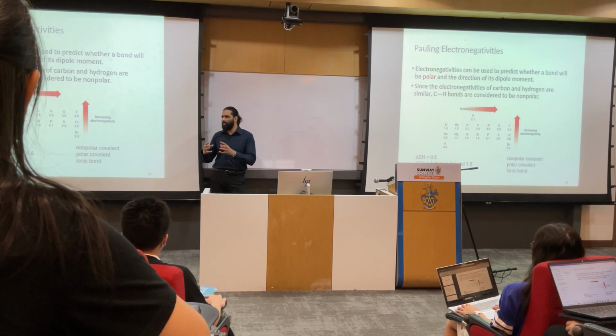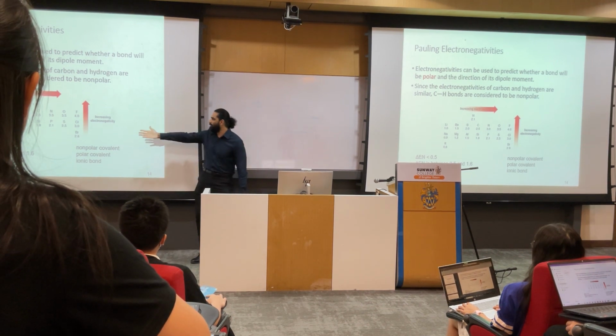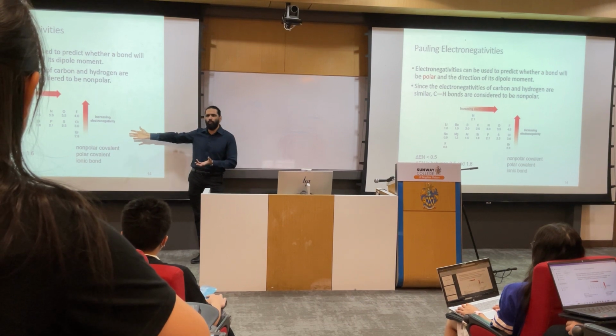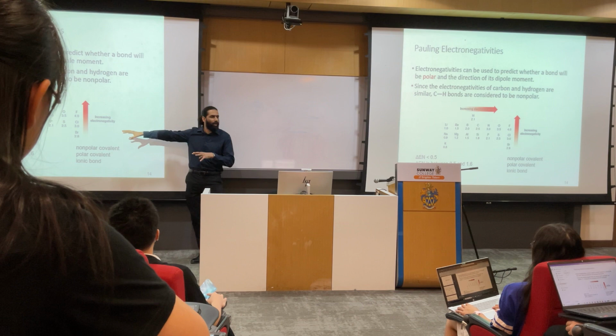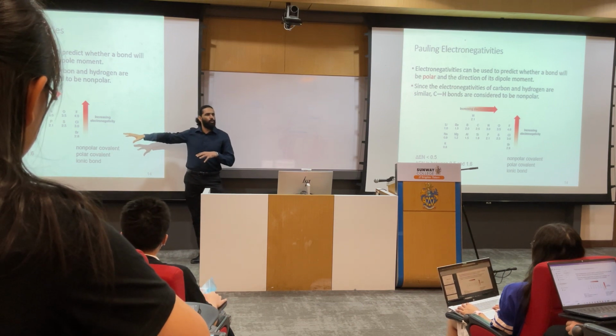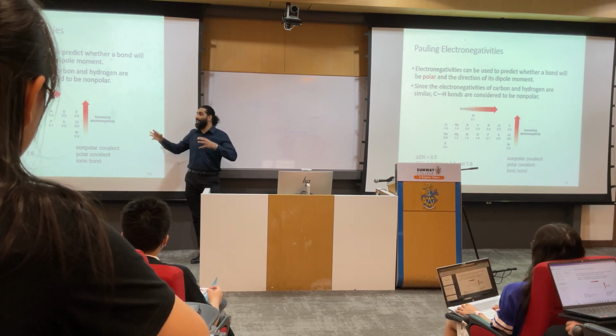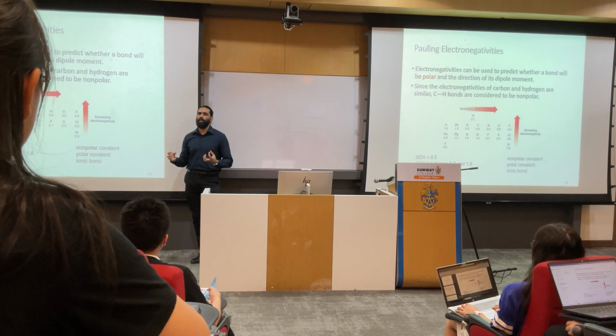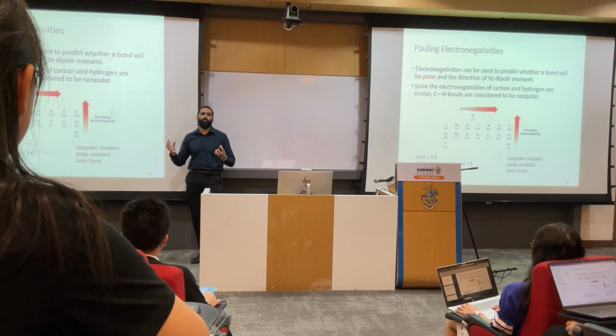If the difference is somewhat larger, it will be a polar covalent bond. So here is a range, but it's not very black and white. Sometimes you will have a gray area as well. So you will have to see clearly what exactly is happening in terms of the difference of electronegativity.